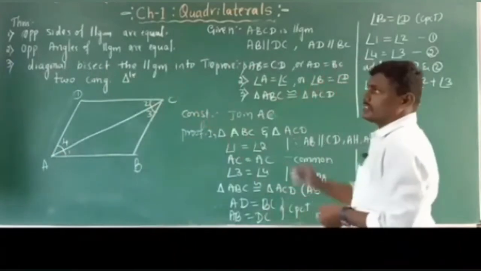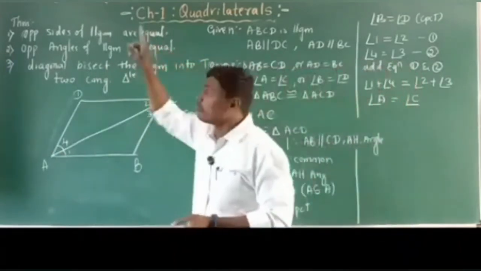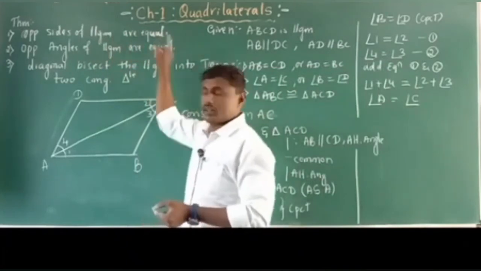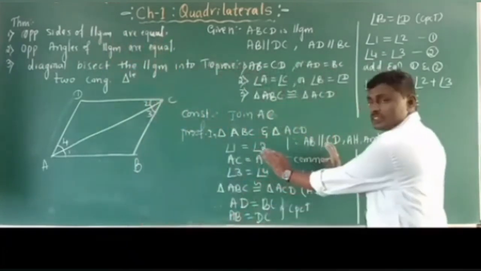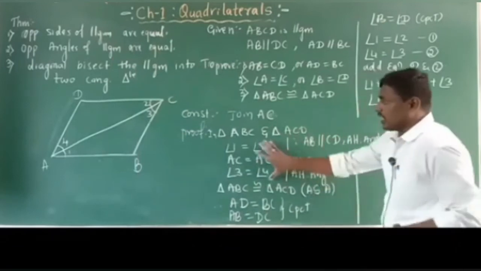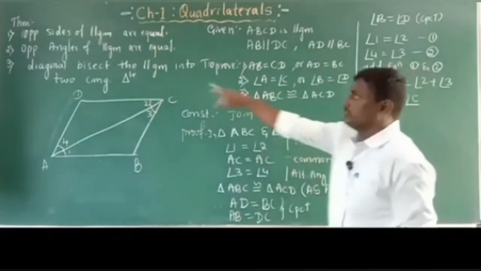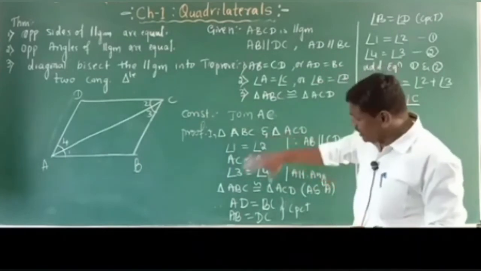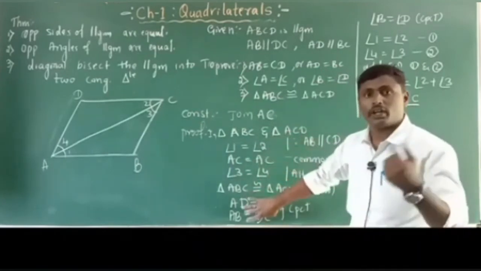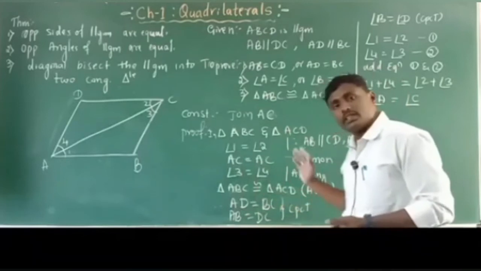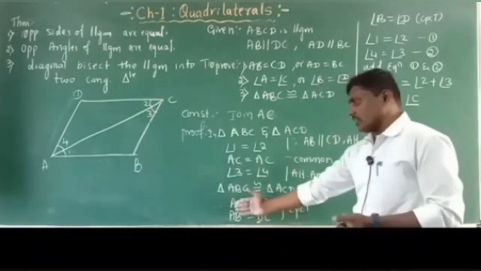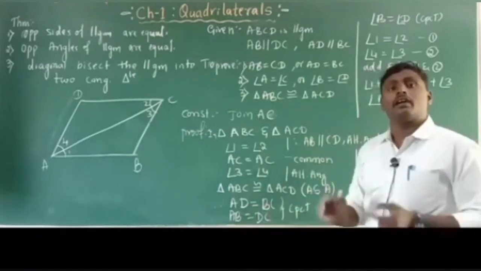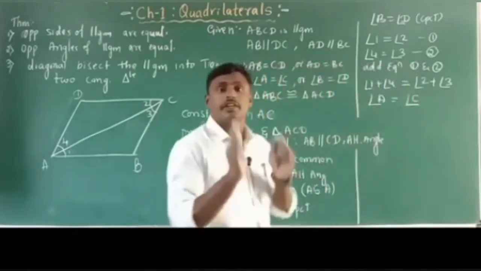What is the given statement? Let me check one by one. First, opposite sides of the parallelogram are equal. We already proved the two triangles are congruent, so their corresponding sides and angles are equal. By using CPCT, we proved the opposite sides AD and BC, AB and DC have equal length.